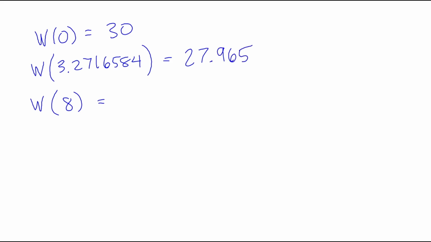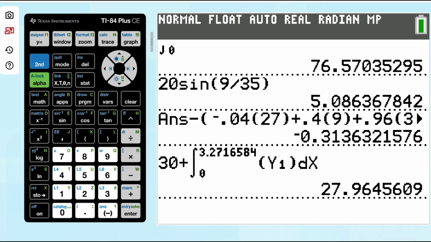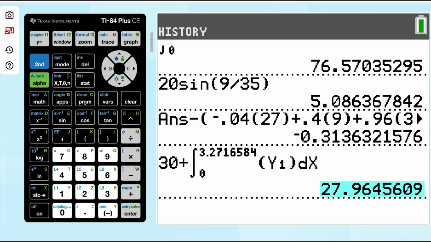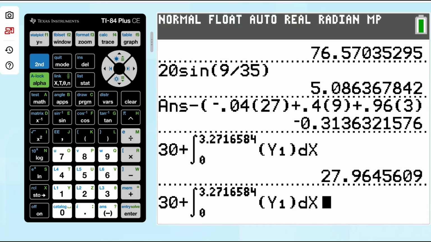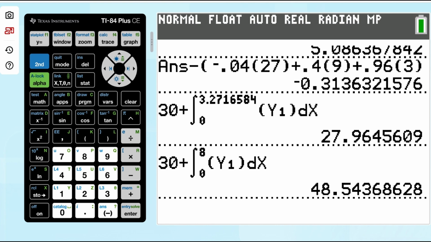And then we can also do the same thing at 8. The nice thing is you don't have to retype everything. You can just go up here, hit enter, and it gives you the exact same thing again. All you have to do is replace all the stuff in that upper limit with an 8. Hit enter again, and it gives you 48.544.